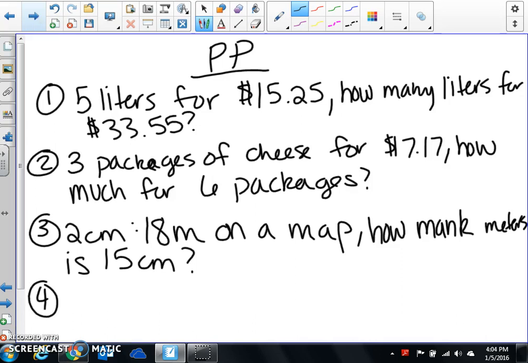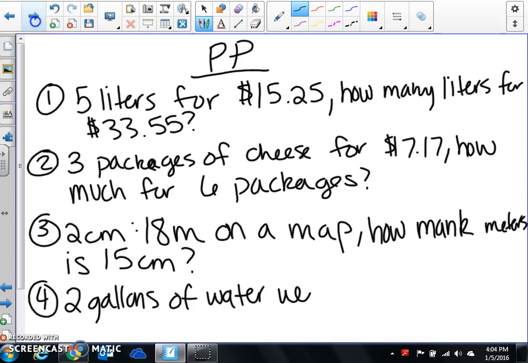And last one. 2 gallons of water weighs 8.5 pounds.